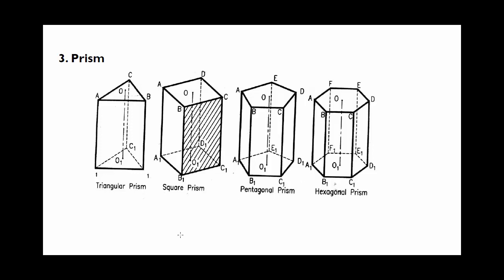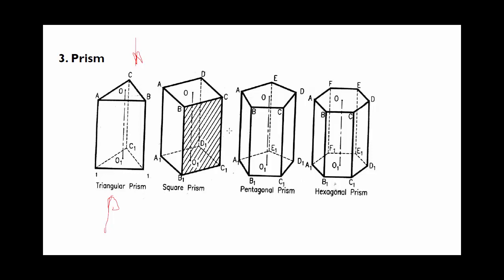Now if we observe the front view from this direction, in every prism it will be a rectangle, while the top view will depend upon the type of prism. For triangular prism, top view will be a triangle. For square prism, top view will be a square.